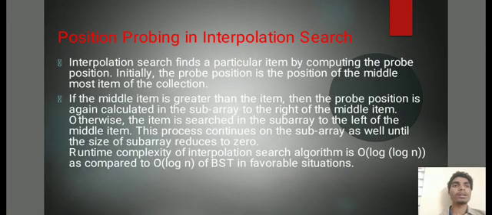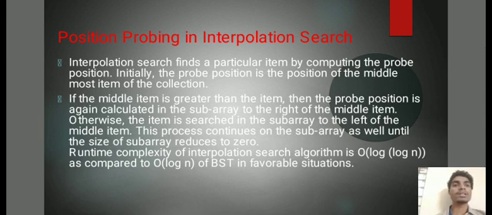Position probing in interpolation search. Interpolation search finds a particular item by computing the probe position. Initially, the probe position is the position of the middlemost item of the collection. If the middle item is greater than the item, then the probe position is again calculated in the subarray to the right of the middle item.